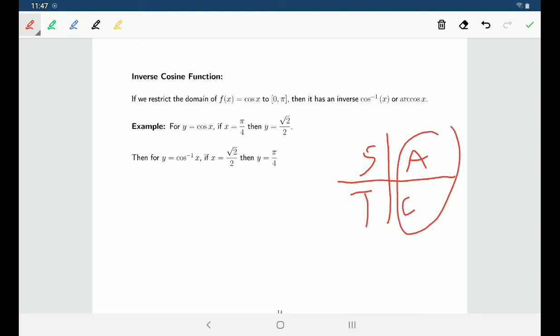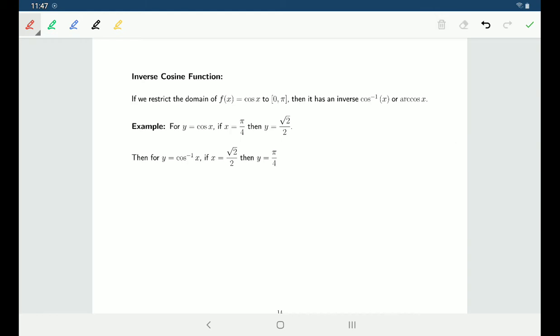We wouldn't be getting the full range of cosine, and in fact, we'd be getting the same y values twice in these quadrants. So instead, we choose to use quadrant 1 and quadrant 2, so between 0 and pi. That's our restricted domain for cosine, which means that will be the range that we'll have for cosine inverse.